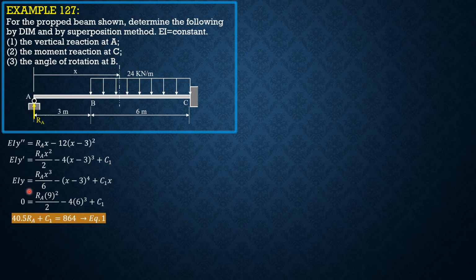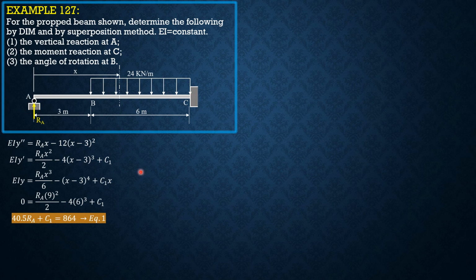Then integrating again, EI y equals RA x cube over 6 minus quantity x minus 3 to the 4th plus C sub 1 x. And when x is 9, because this is fixed, the slope here is 0, the deflection is also 0.